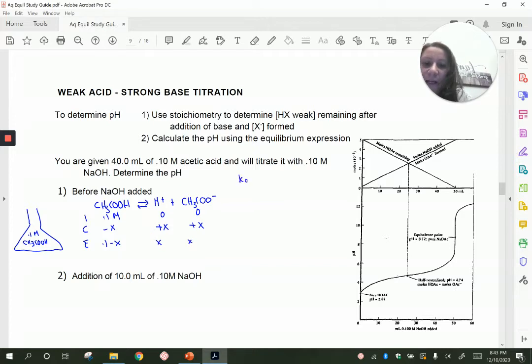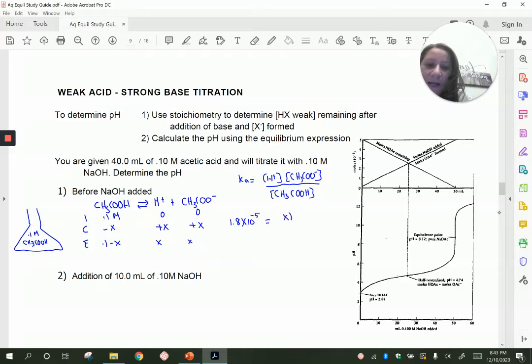Then we're going to write our Ka expression. It is the concentration of the H+ times the concentration of the acetate ion over the concentration of my acetic acid. Ka for acetic acid, you look that up, it is 1.8 times 10 to the negative fifth.